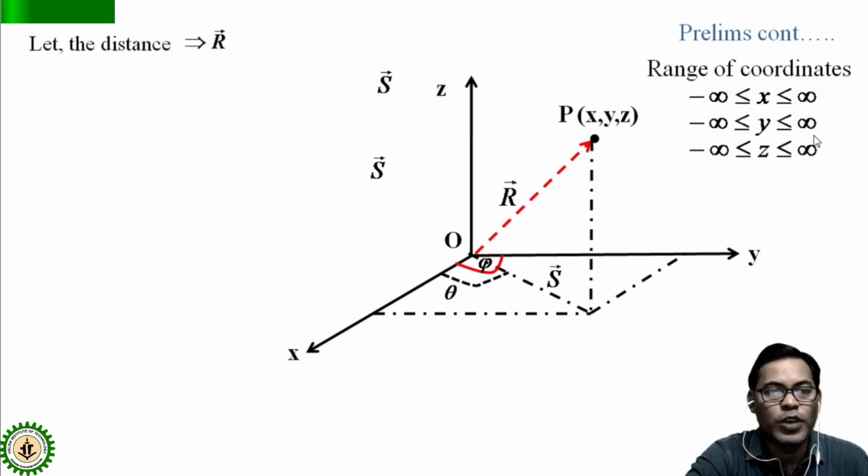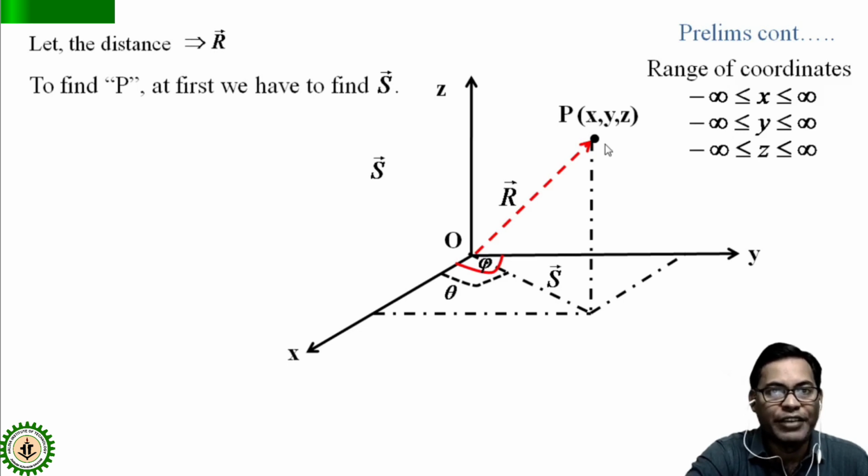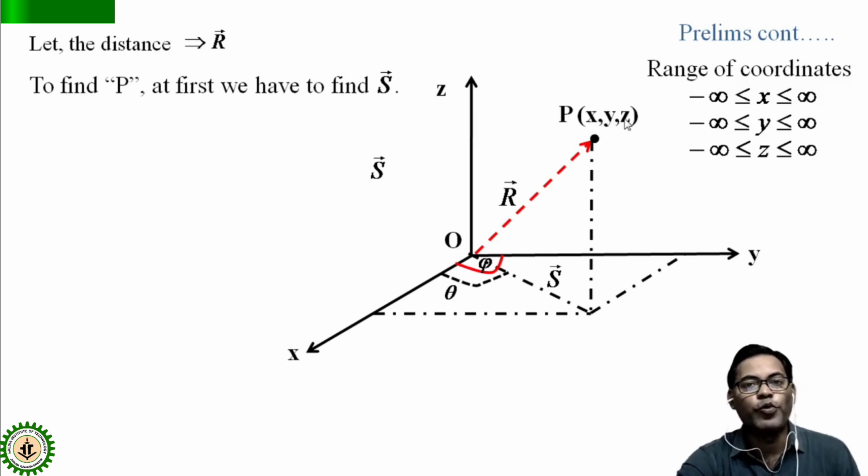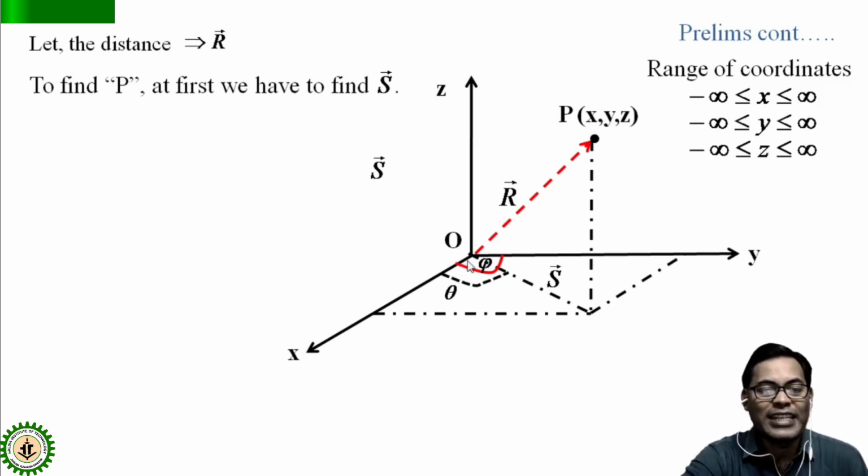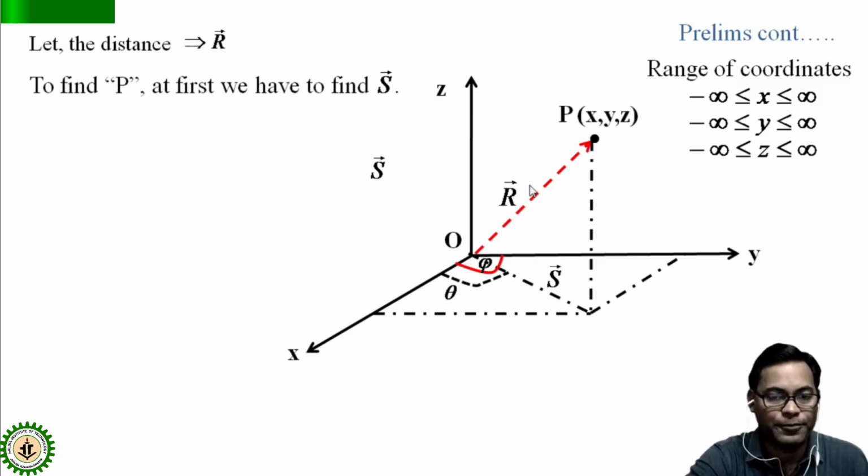Now suppose we have a point P given here, and the point P is defined by the coordinates x, y, z. Now we want to find the distance vector from the point O to the point P, represented by this vector r.